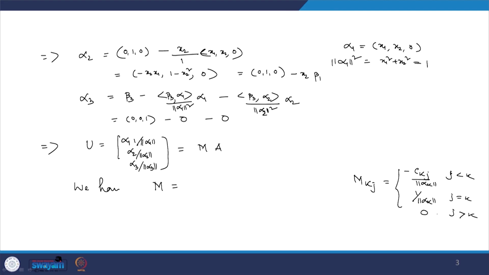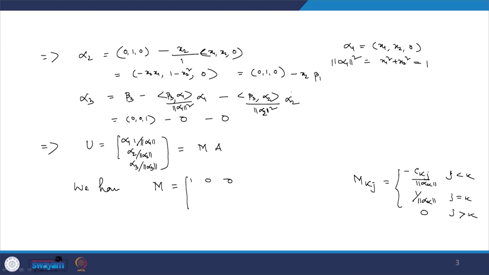We have already obtained c_kj. For the first row, it is certainly 1, 0, 0.